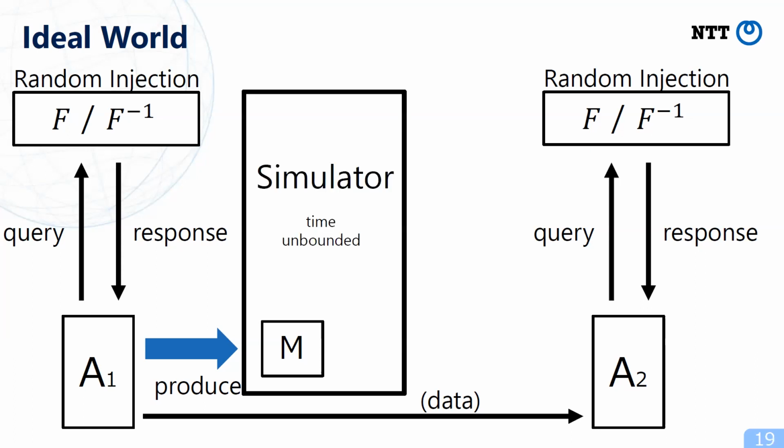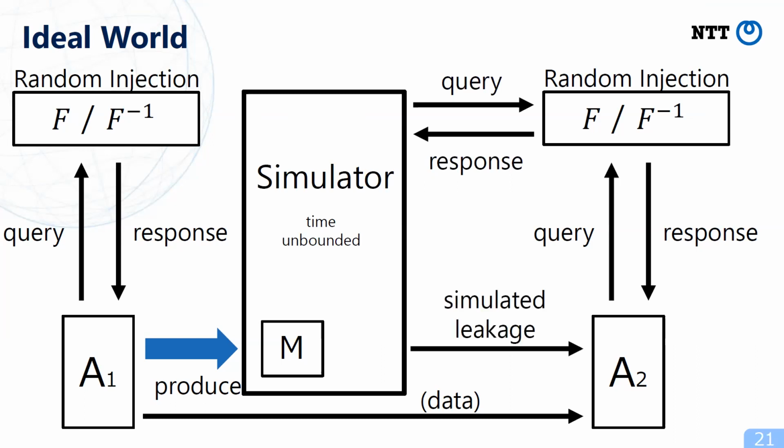So here we introduce a simulator. And this simulator is time unbounded and makes some queries to the black box oracle. And then this simulator outputs simulated leakage to the attacker. And here, the goal of the simulator is to simulate this leakage so that the adversary A2 will not distinguish the ideal world from the real world.